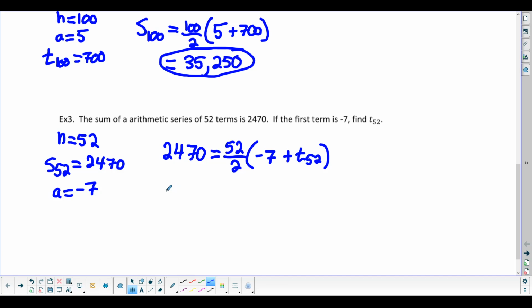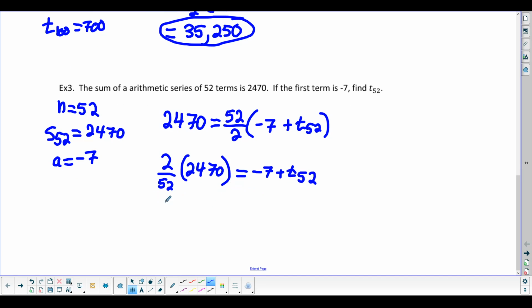So we're going to get 2 over 52 times 2,470 equals -7 plus T52. Okay. And we can multiply that out there.